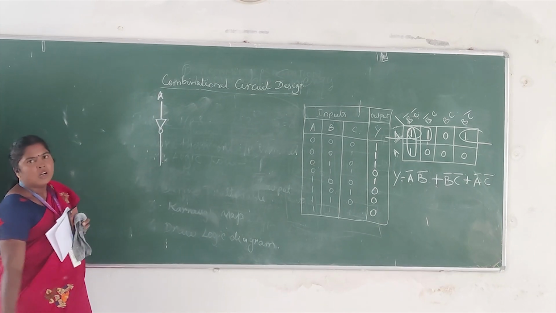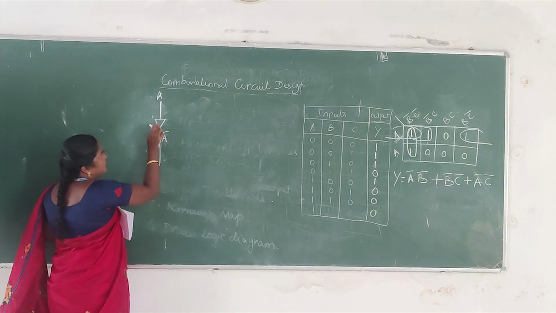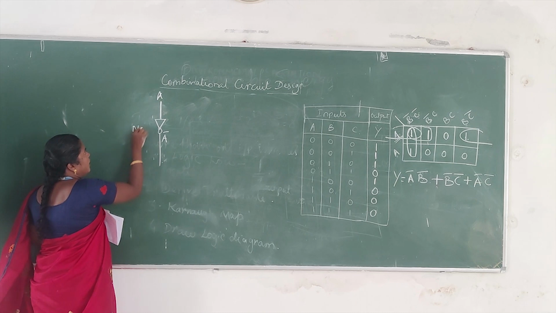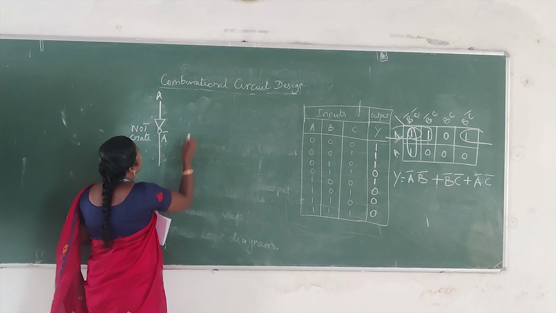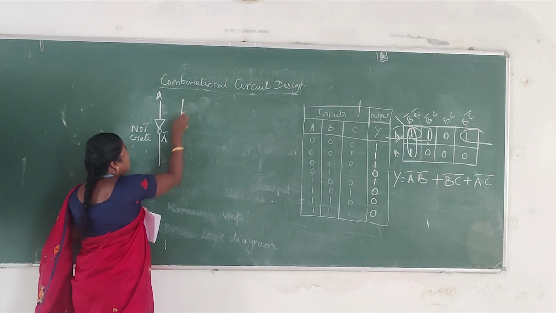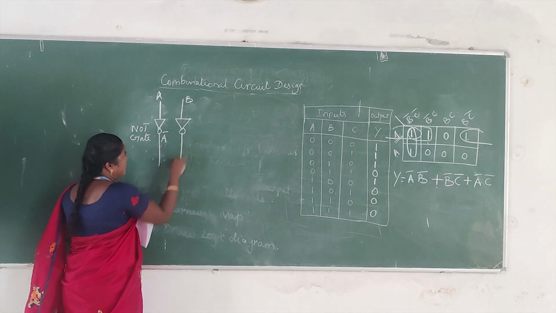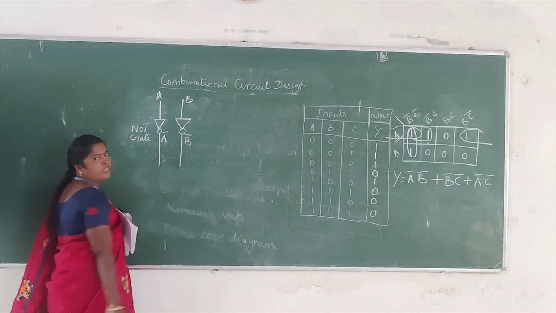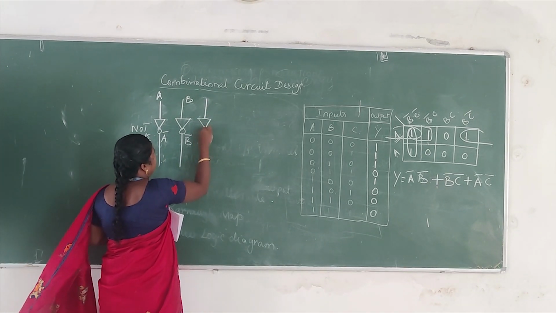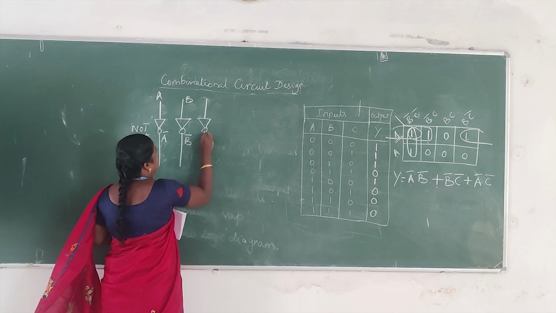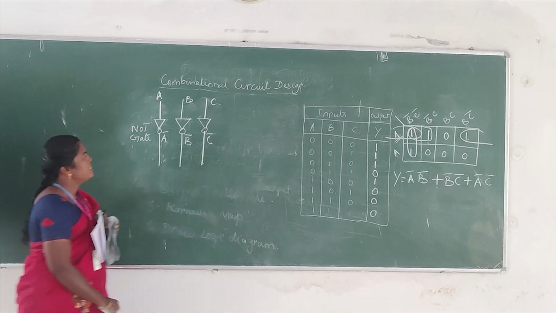The NOT gate produces the complement output A bar. This gate is called the NOT gate. And then another input is B, and the complement output is B bar. And then another input is C, and the complement output is C bar.